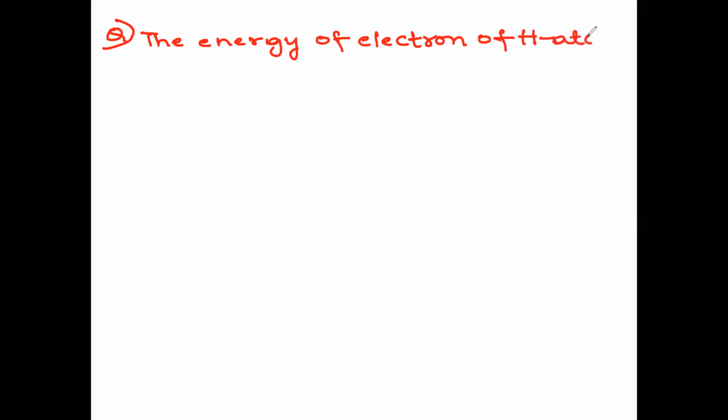The energy of electron of hydrogen atom in the second orbit is minus 3.41 electron volts.